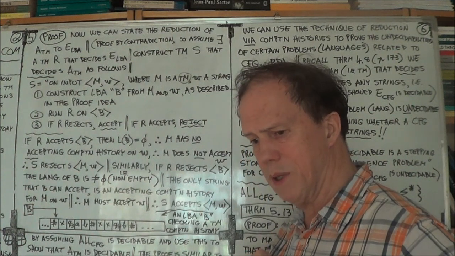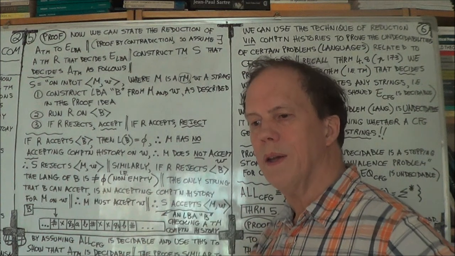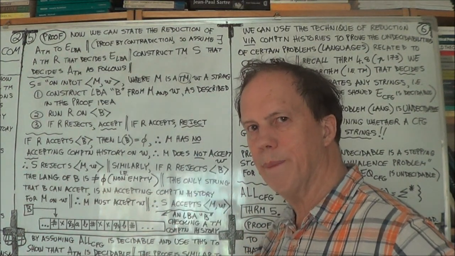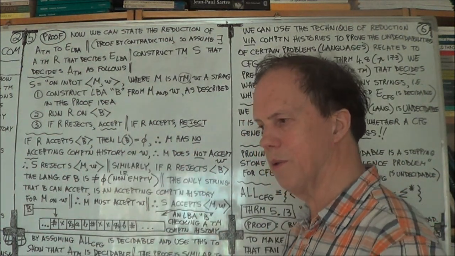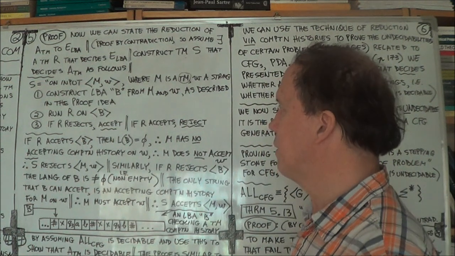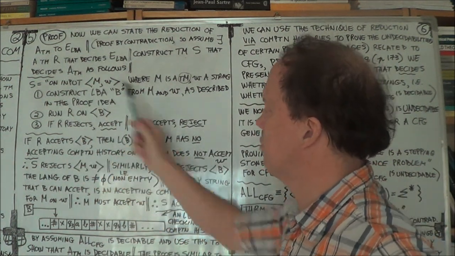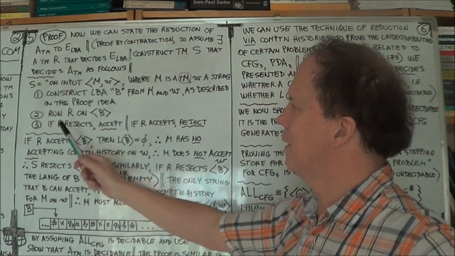The language of B, L of B, has at most one string, one member, and from that, the logical reasoning we had before. So if R rejects, then S accepts, and if R accepts, then S rejects. So S does the opposite of what R does.